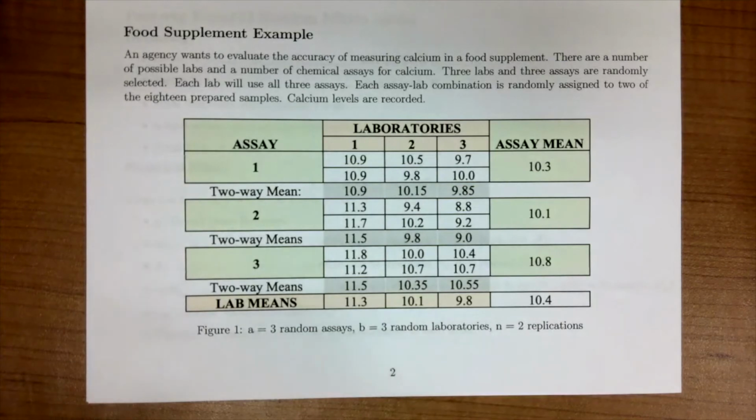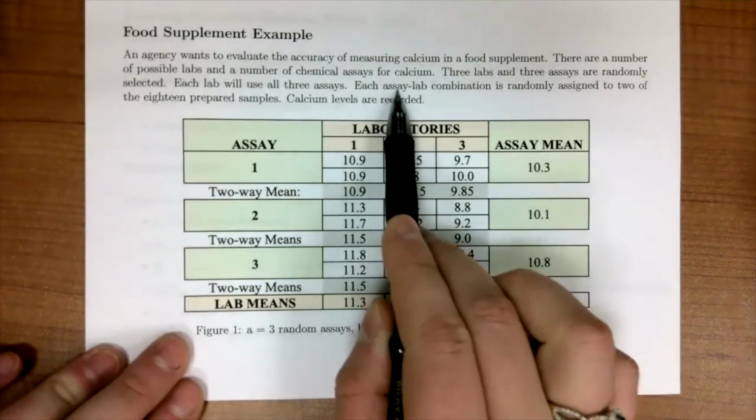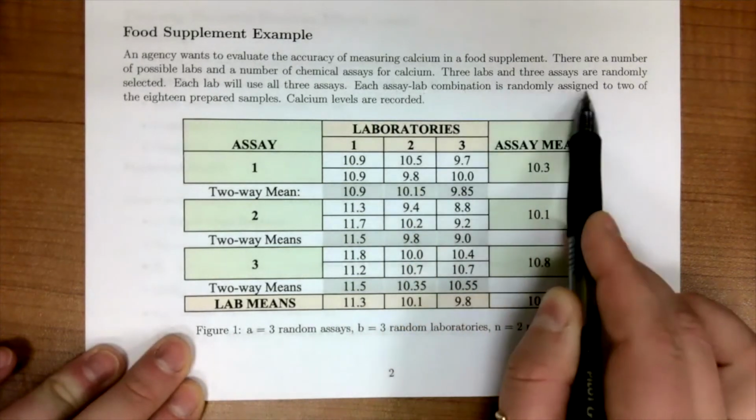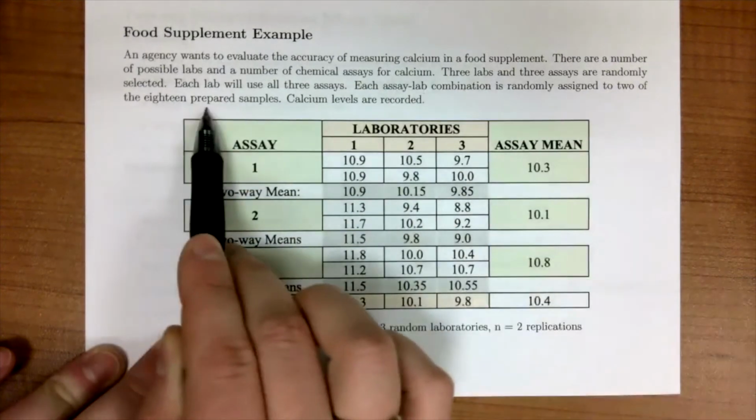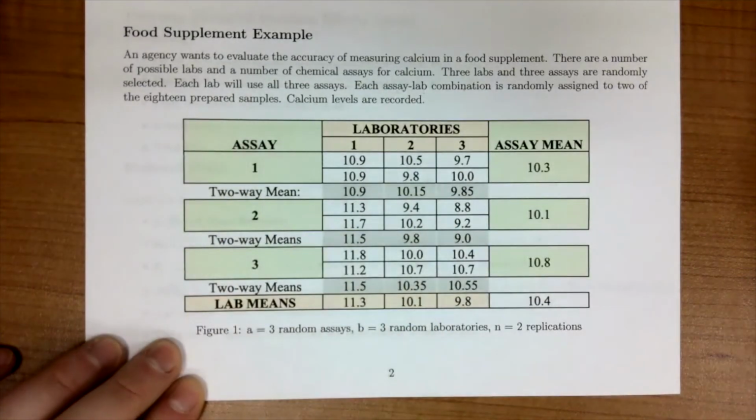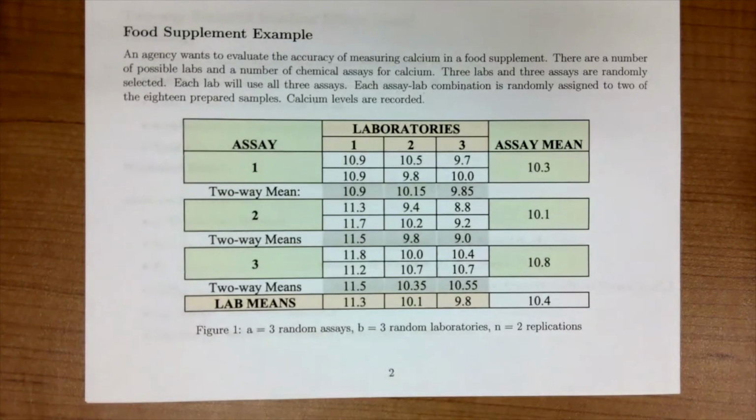We are going to choose 3 labs and 3 assays randomly. Then each lab will use all 3 assays so that each assay lab combination is randomly assigned to 2 of the 18 prepped samples.